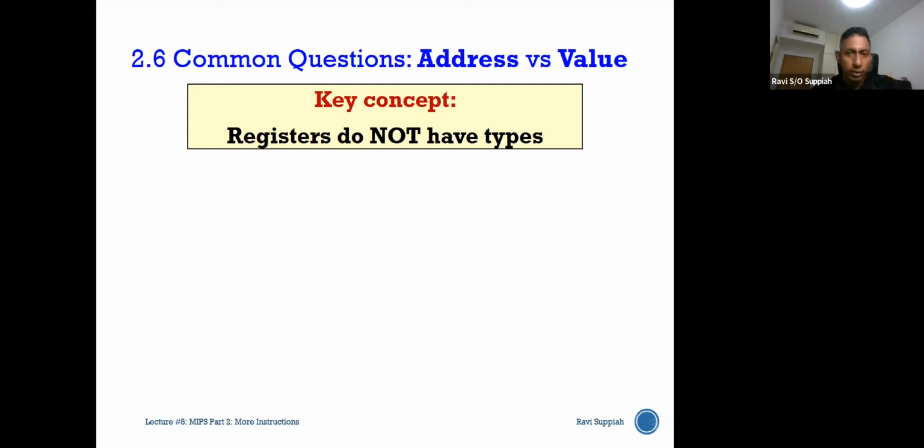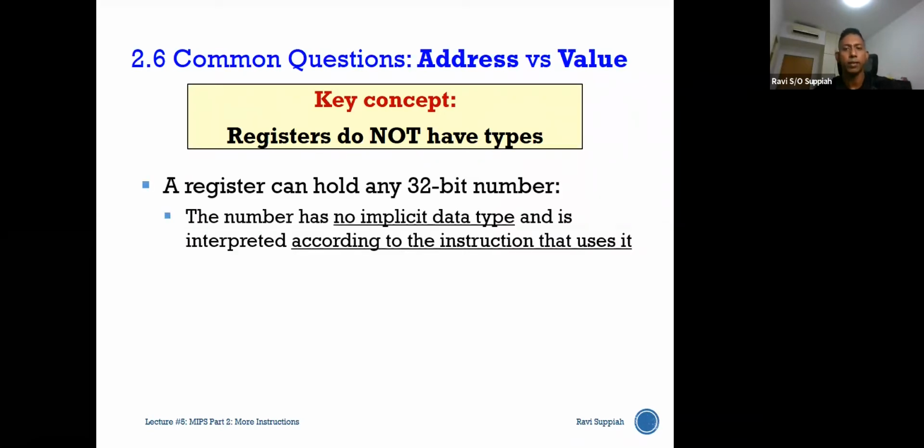It could be address, it could be data, or it could be just a collection of bits giving us some information of what is going on. You do not need to look at the register and think whether it is an integer, a float, or a character. No. It is just a collection of bits and it can actually represent a lot of different things. So there is no implicit data type.